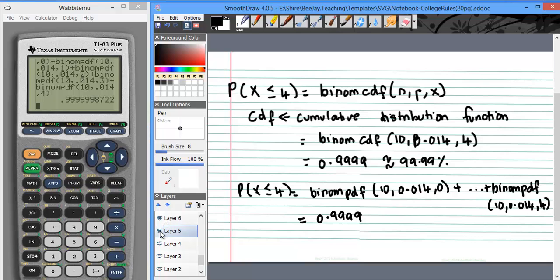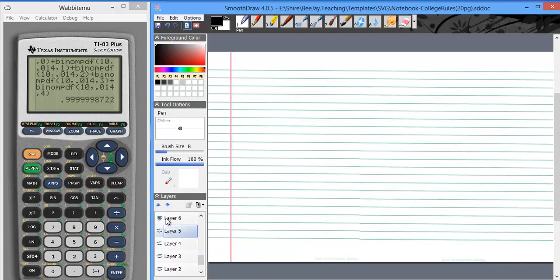So let's see if we can do the next problem using the Binomial CDF. We have the probability that you miss your alarm on at least 3 days.